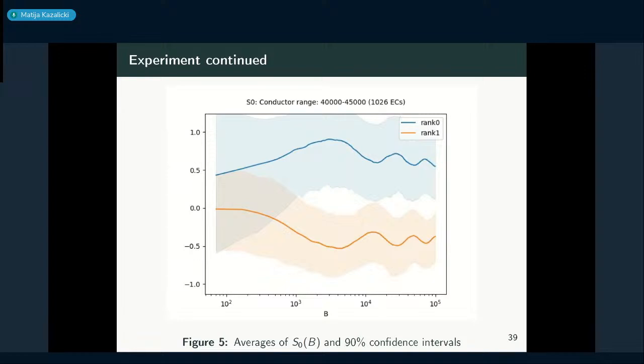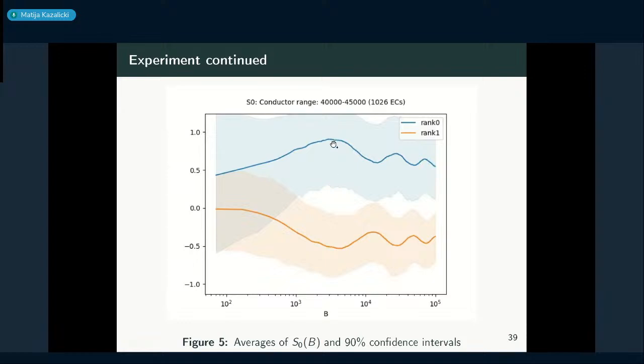In this range we have around 1,000 curves. On this graph the blue line is the average of the curves of rank 0, and the orange line is the average of the curves of rank 1. The blue interval is the 90% confidence interval for the curves of rank 0, and the orange interval is the 90% confidence interval for the curves of rank 1.